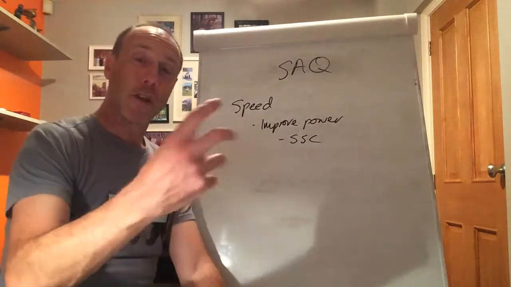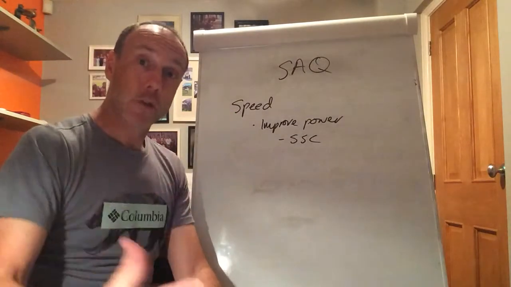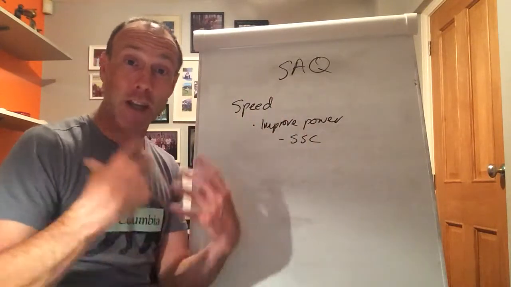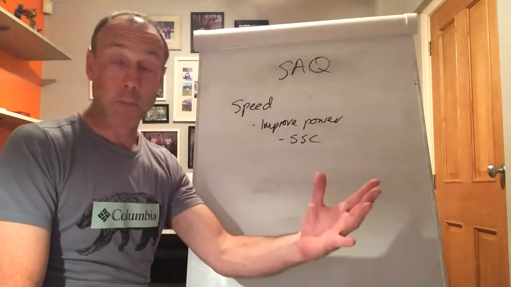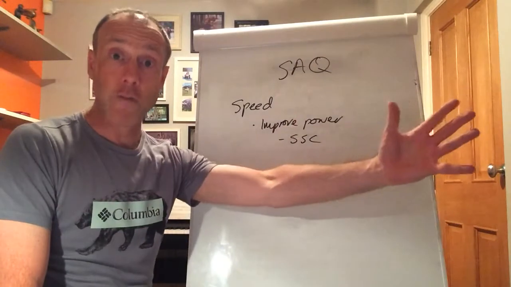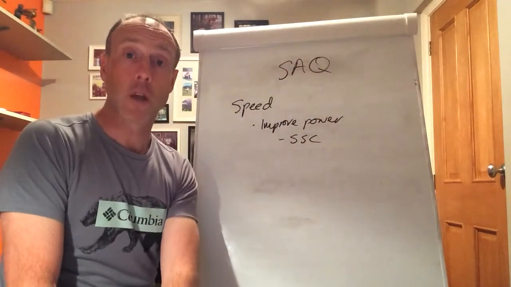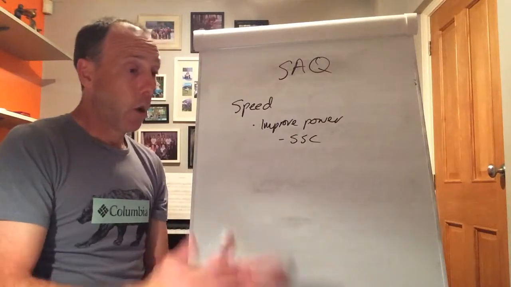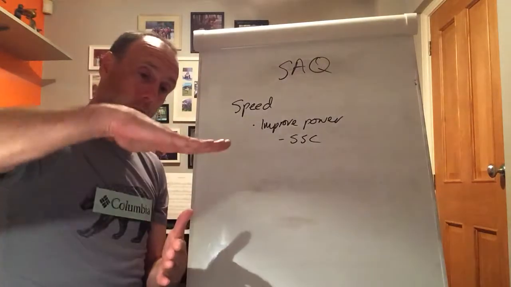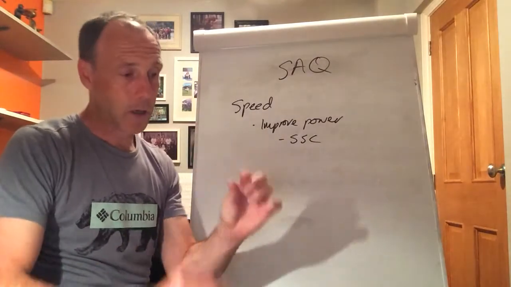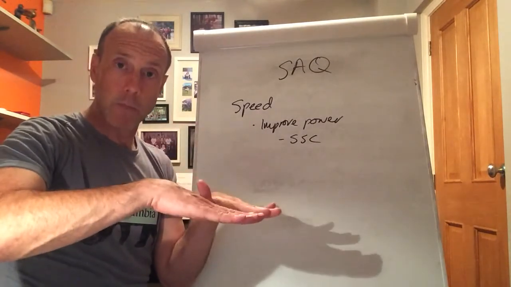Okay, so how do we use the stretch shortening cycle then to increase the amount of power that I can exert by the gastrocnemius when I'm driving off? Okay, and I do that through the power, the force that I apply to the ground. Well, it comes down to the idea that in order to reduce my contact time, I actually have to land only on the balls of my feet.